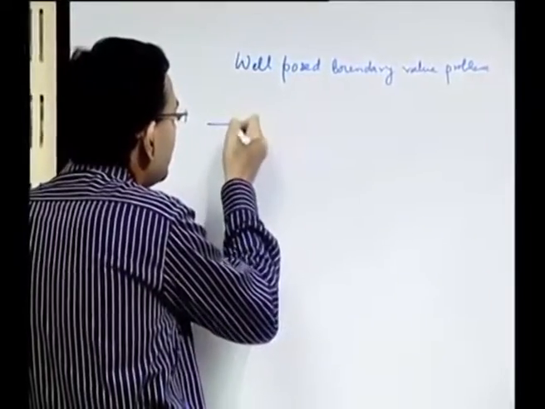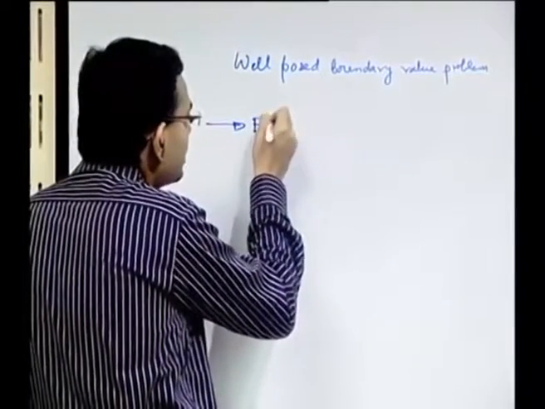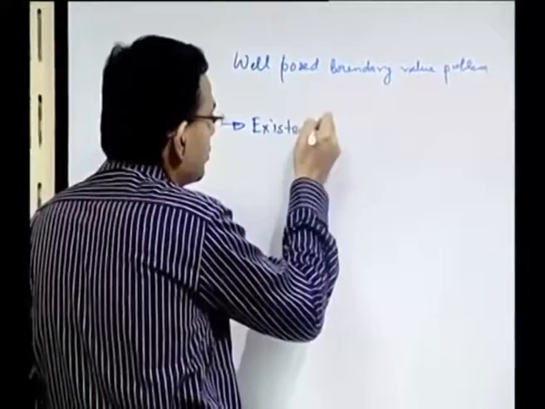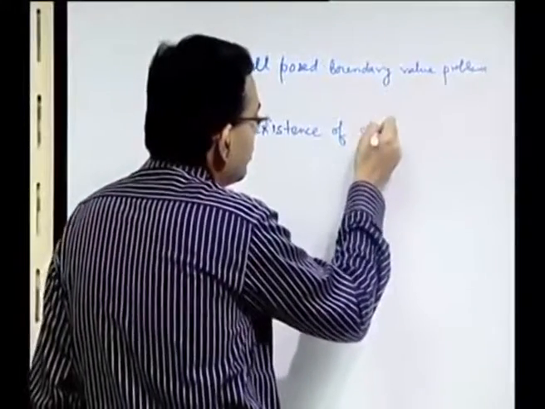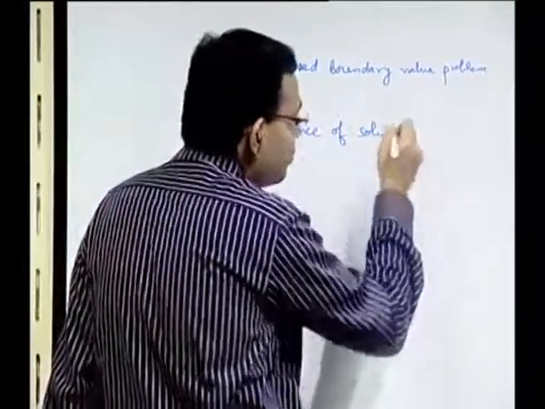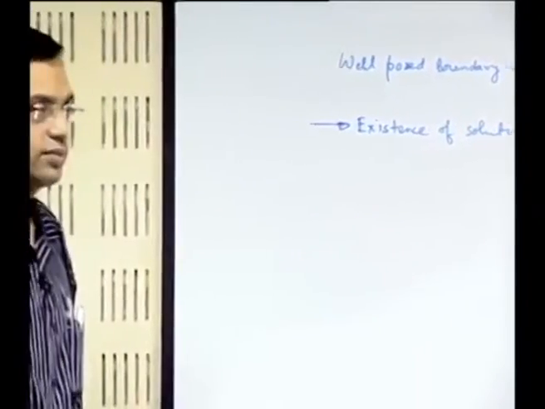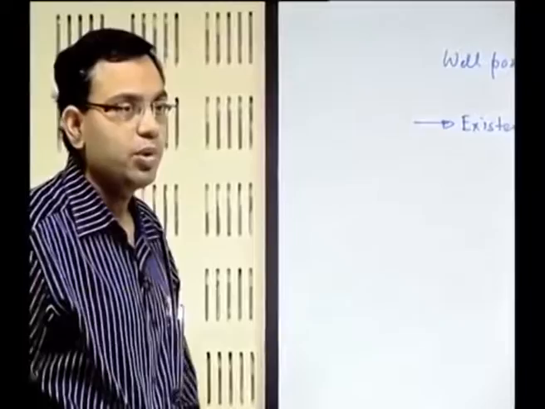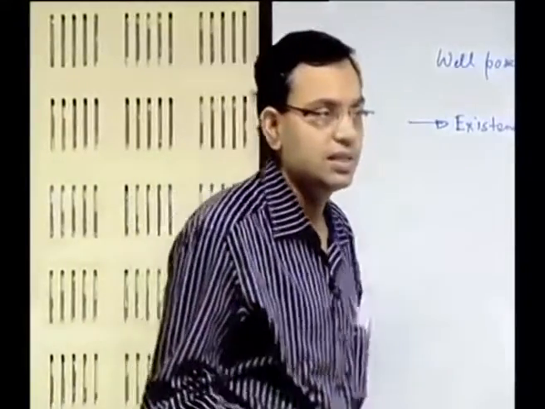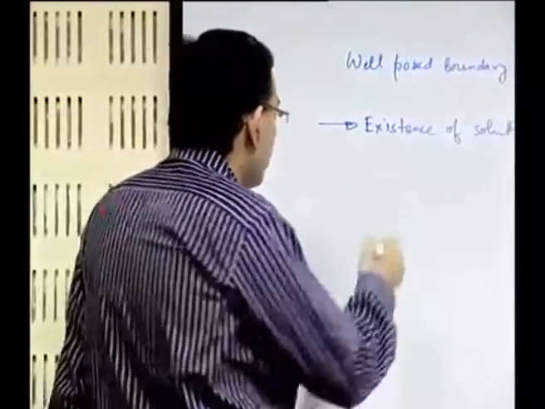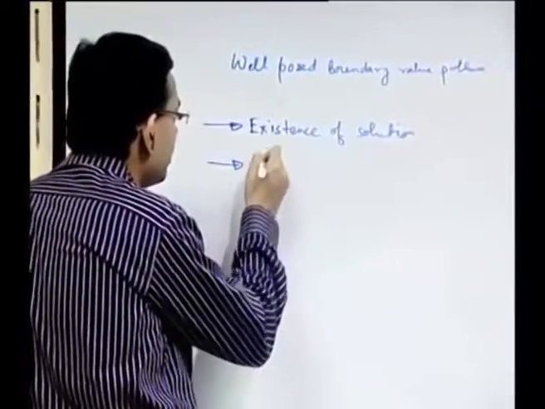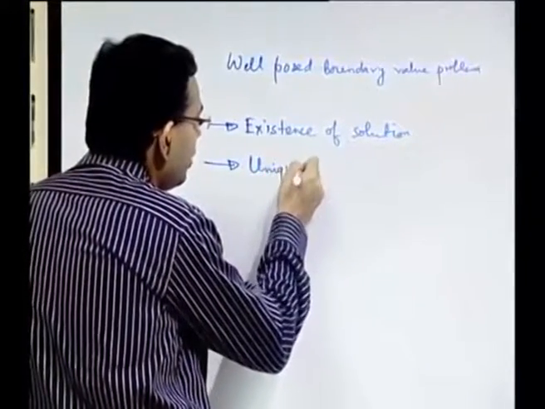First of all, the requirement is existence of the solution, that is the boundary value problem should be posed in such a way that the solution exists. It should not be posed in a way that the solution does not exist. Not only that, the solution should be unique.